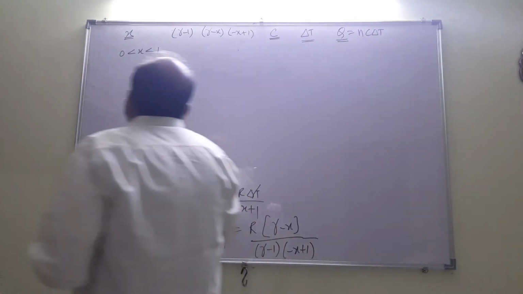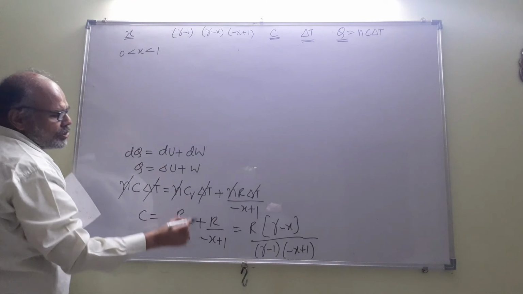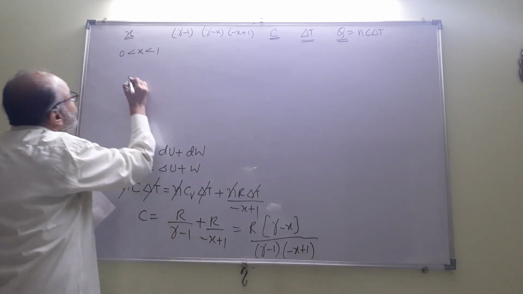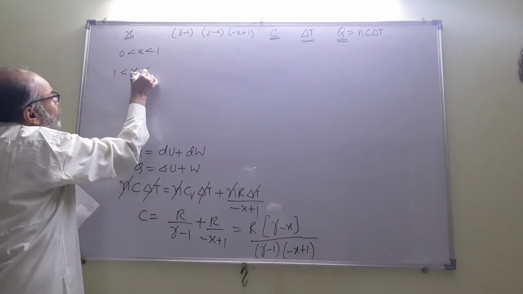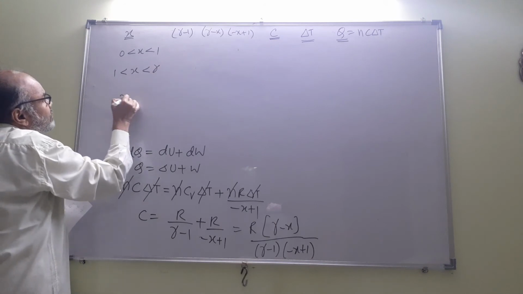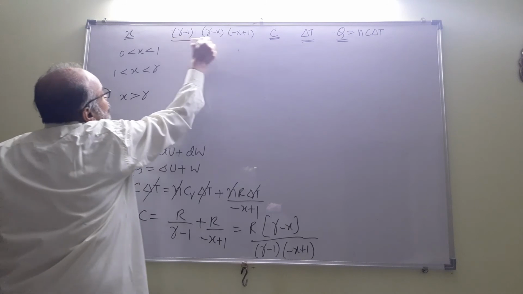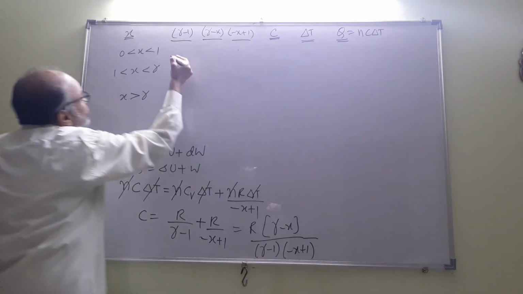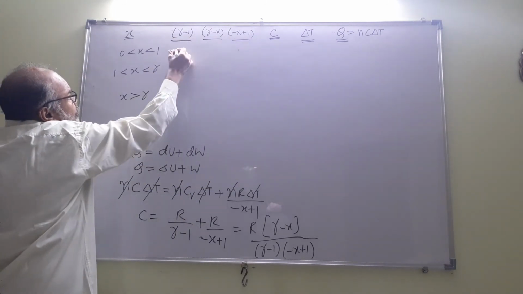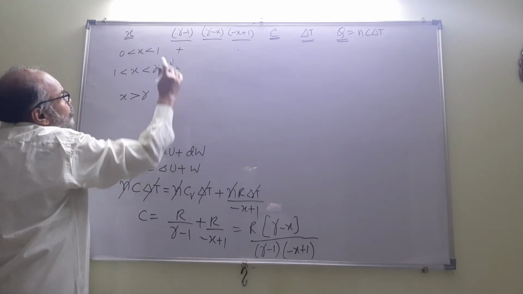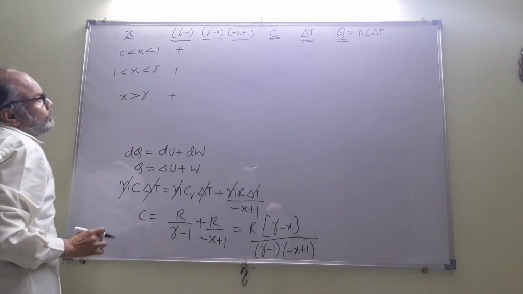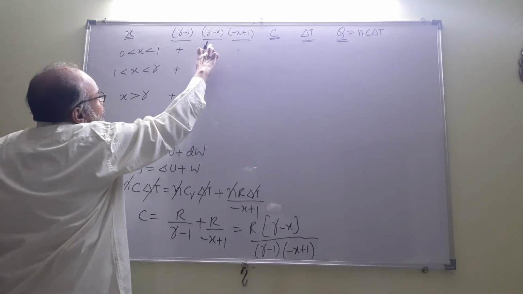So we are going to take the ranges x varying from 0 to 1, x greater than 1 but less than gamma, and x greater than gamma. You see this gamma minus 1 is going to be positive in all the cases because gamma is greater than 1. Now let's take this case.